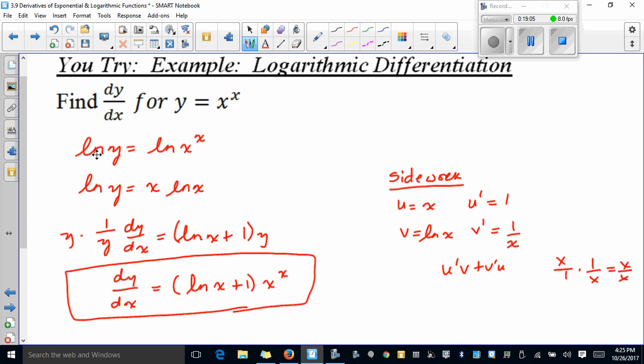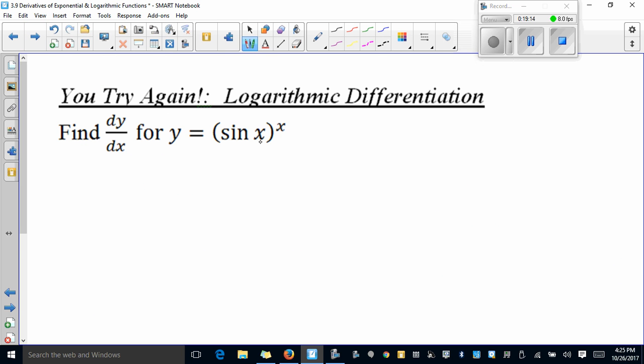Okay, one last example. Sine of x to the x power. Step 1, natural log of y equals the natural log of sine of x raised to the x power.